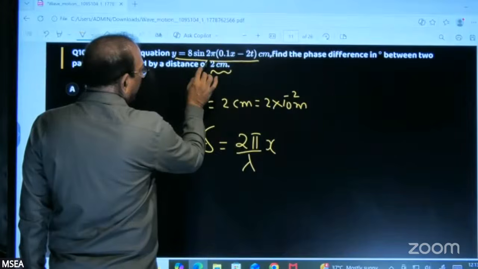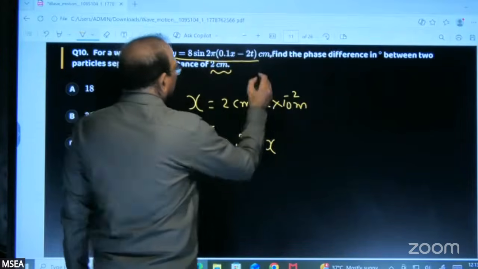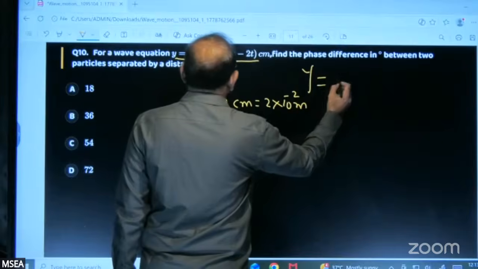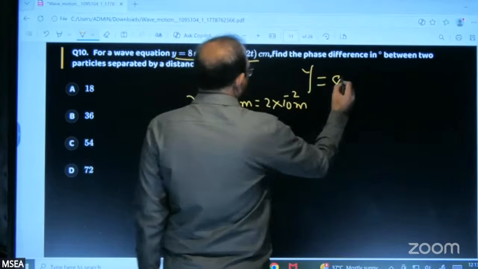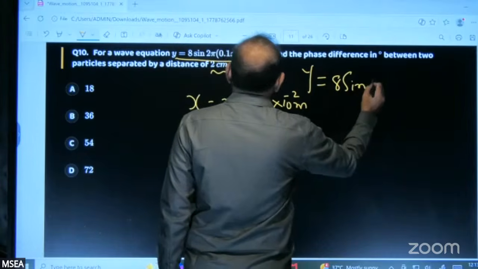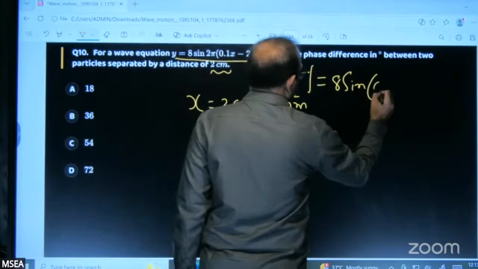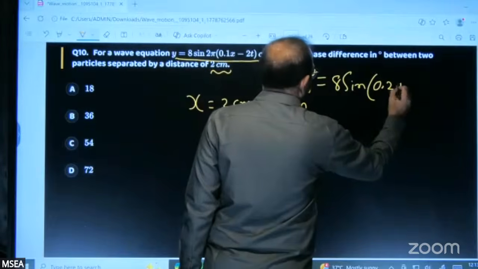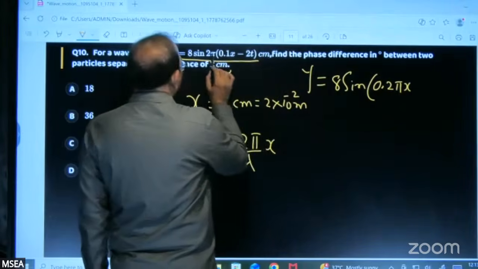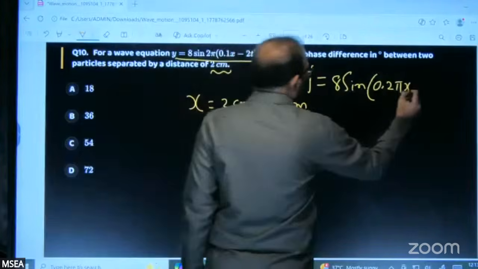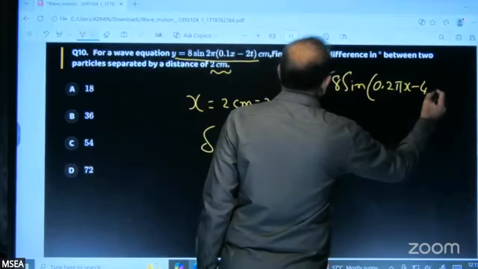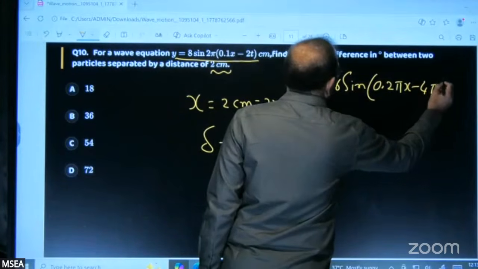See, take 2 pi inside. This equation will become y equal to 8 sine 2 pi into (0.1 x) minus 4 pi t.